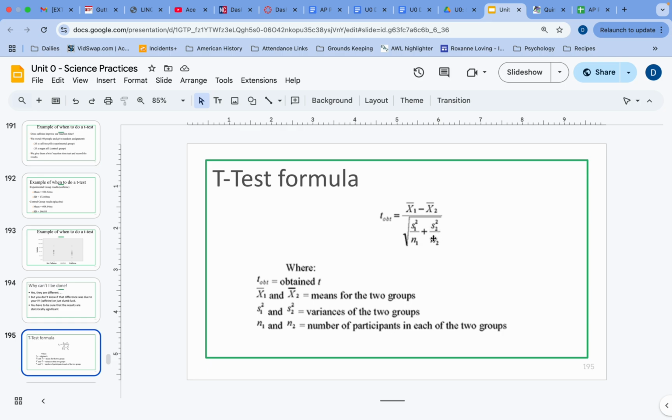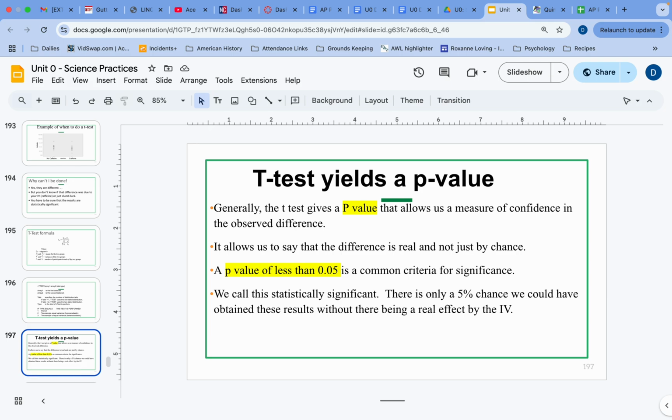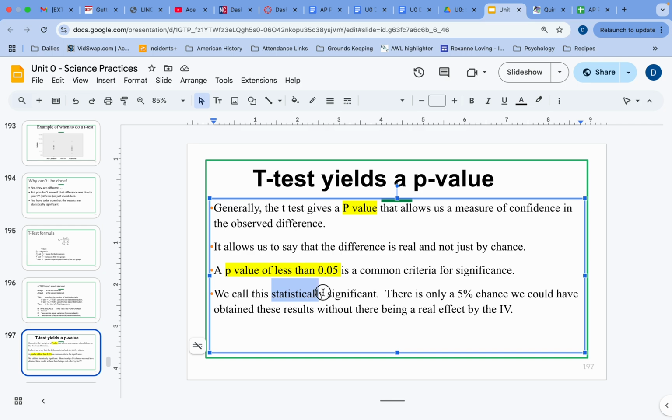So again, you can do all that math, but you don't have to. This formula gives us a p-value, and that's all we care about. So the key for you to know is you do a t-test to decide if your information is statistically significant, meaning it's not due to chance, or if it is due to chance. You're going to find that out.